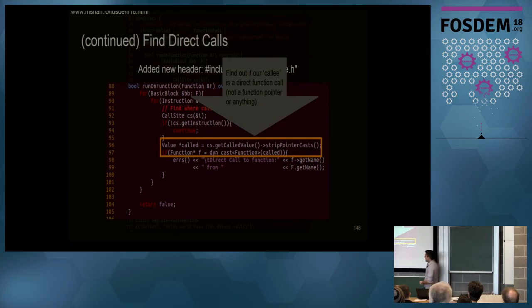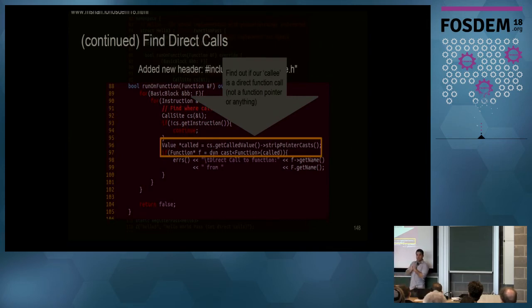And then if it is, I can figure out get called value, strip pointer cast. I can't deal with function pointers yet or weird things like that. But I can just cast this to a function and figure out what that instruction is. Okay, so I've casted to a function f here.